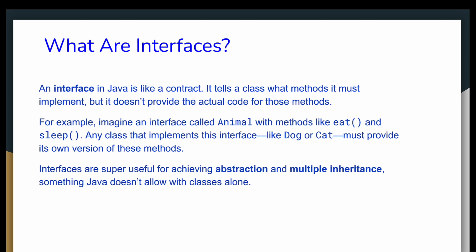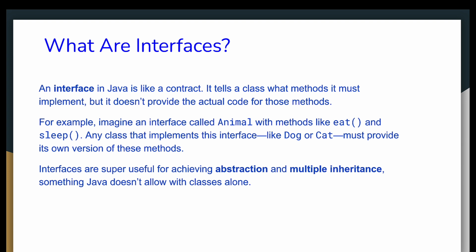The interface animal will have only methods declared, eat, sleep and all. But what happens when I invoke this eat method or sleep method, that you have to give in your implementing class. So that's where you have to give all the details.